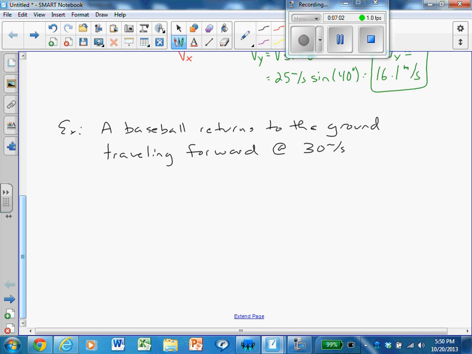It's coming down and downward at 55 meters per second. What is the ball's final velocity?